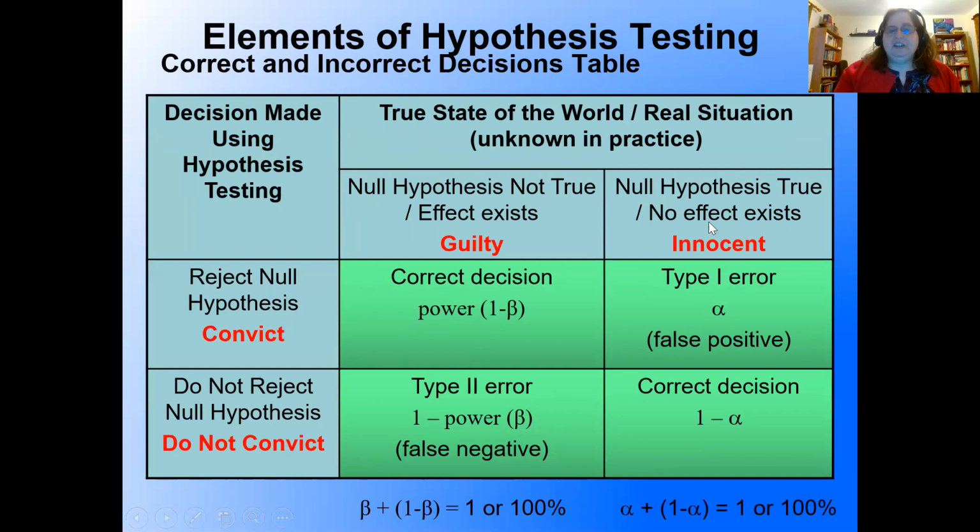If they're innocent and you do not convict them, great, you made a correct decision. If the person is innocent and you convict them, that's a false positive error. That's a type 1 error that happens alpha % of the time. That's the one we're trying to avoid. We do not want to convict the innocent. So maybe that's a more helpful way to remember this. You do not want to convict the innocent.